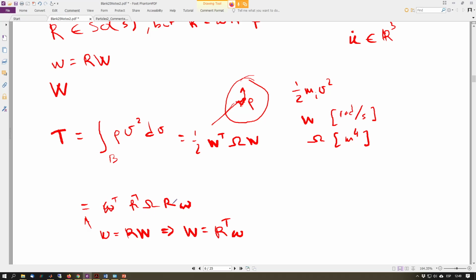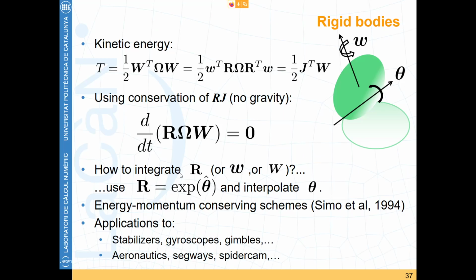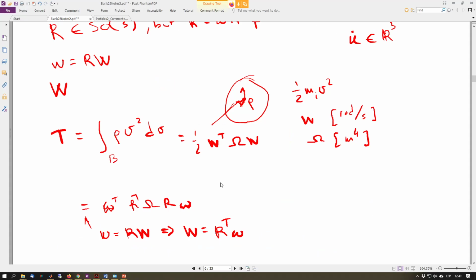Okay. So by doing this change of variable, we use Euler-Lagrange equations in the same manner. Remember that in the Euler-Lagrange equations, the time derivative of the derivative of L with respect to our q dot, which in our case now are these omega that we have. We don't have any elastic energy because it's a rigid body, so it does not deform.